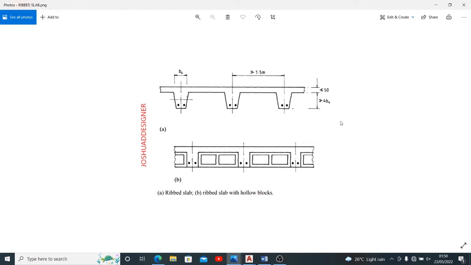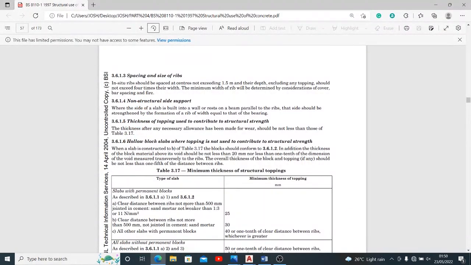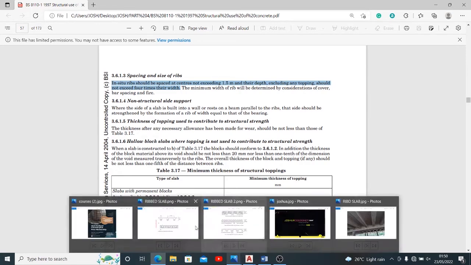Stay with me. Now, so we have the spacing and size of ribs, and the code told us that in situ ribs should be spaced at centers not exceeding 1.5 meters. Did you see that? The ribs should be spaced at centers not exceeding 1.5 meters, and that is exactly what I showed to us here.